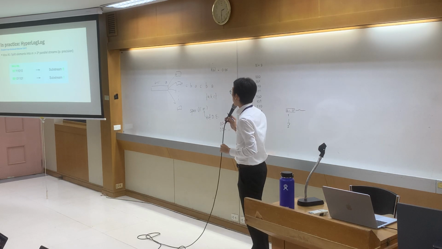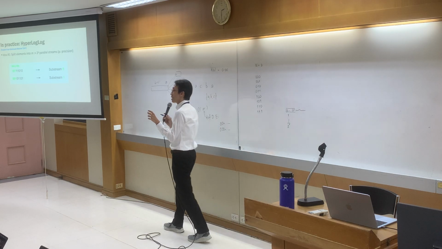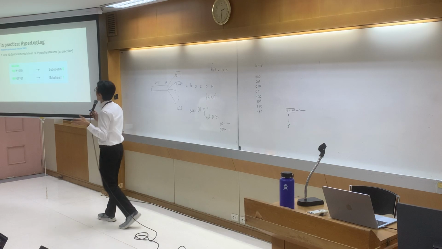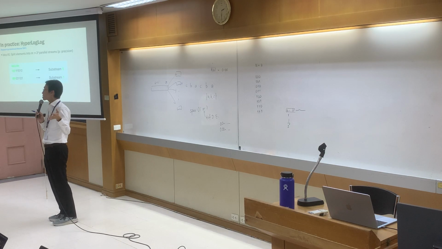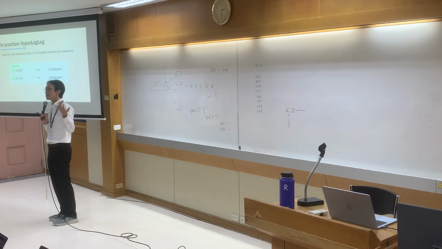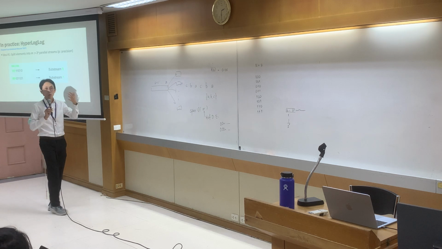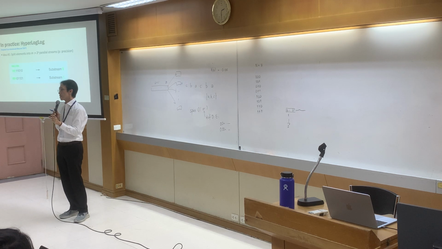So if we're using P equals to whatever, this means that the number of substreams in question will be 2 to the P. And for the purpose of this presentation, I'm going to be using the letter M to denote the number of different substreams.